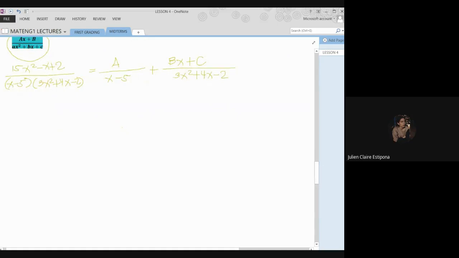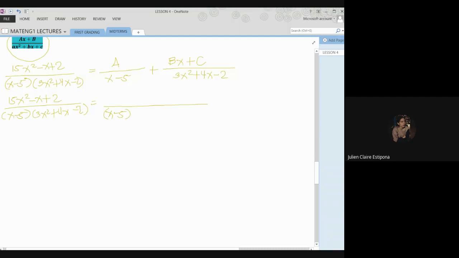Okay, so to be able to get again the value of a, b, and c, we copy the numerator. But before that, we just simplify that further. Let us just get the least common multiple for that one. So that is x plus 2 all over x minus 5 multiplied by 3x squared plus 4x minus 2. And that is equal to, what is the common multiple, which is the x minus 5.